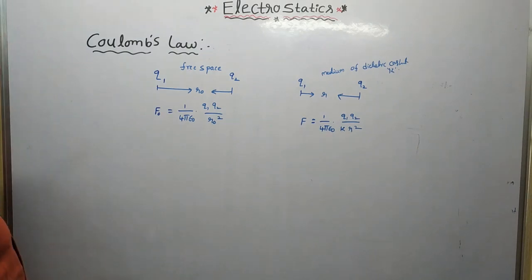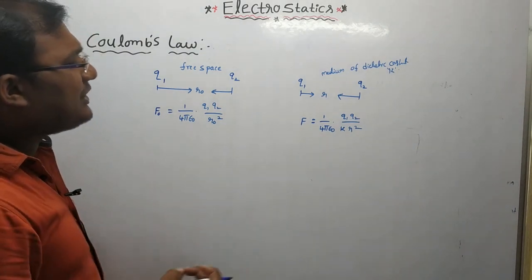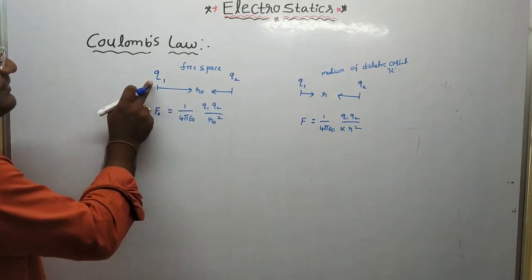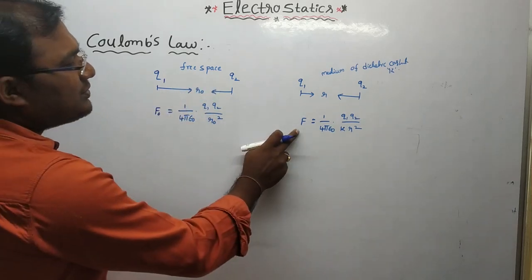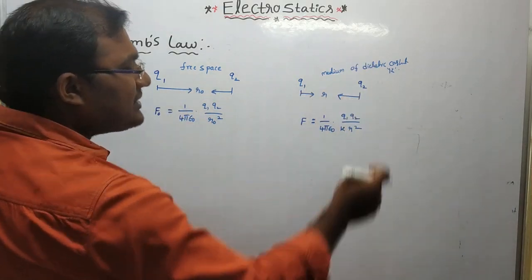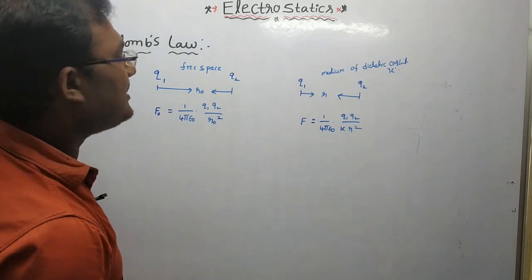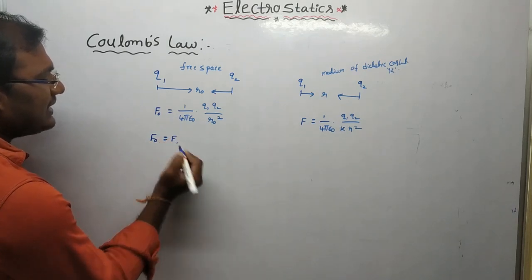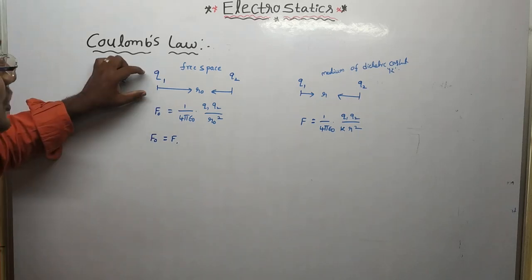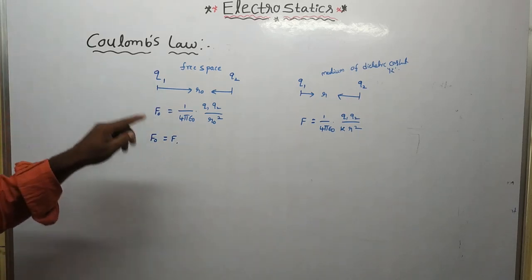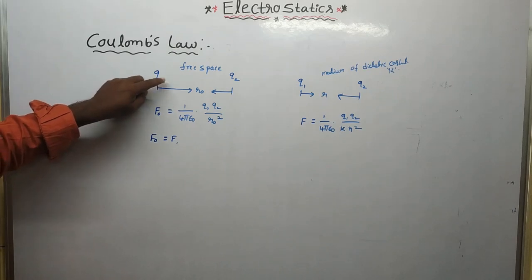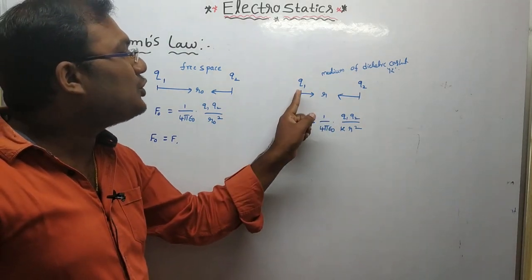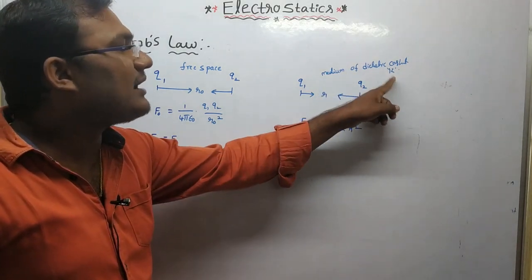Now our aim is to calculate the effective distance in free space for which the force between Q1 and Q2 is equal to the force between Q1 and Q2 placed in the medium of dielectric constant K.